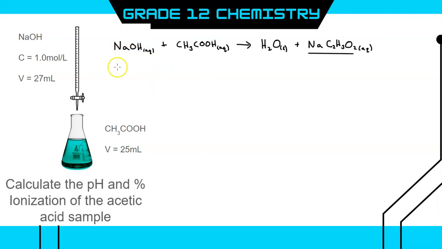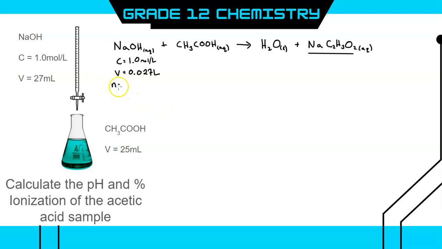So for sodium hydroxide, we have a concentration of 1 mole per liter. And then we also have our volume, which is right here. We're going to change that into liters though. So divide by 1,000, 0.027 liters. And then we can figure out the number of moles.